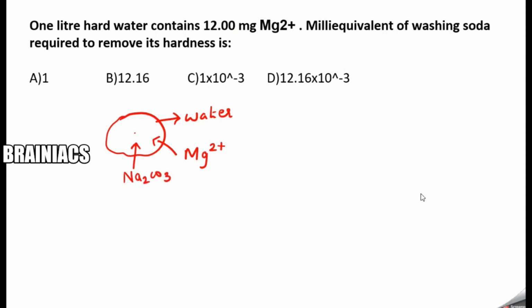Washing soda is Na2CO3. You can approach this question by two methods, either by the stoichiometric method or by the equivalence method. Stoichiometric method means you need to write the equation between Mg2 plus and Na2CO3. But if you apply the law of chemical equivalence, you don't need to write any equations. So let's go by the law of chemical equivalence.